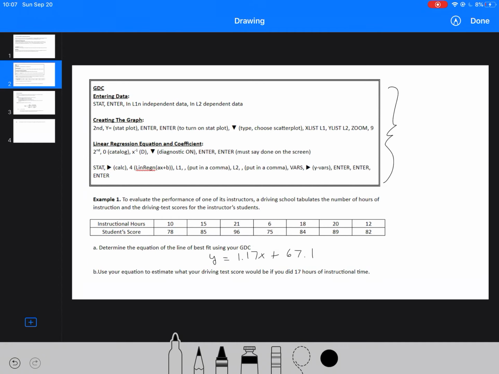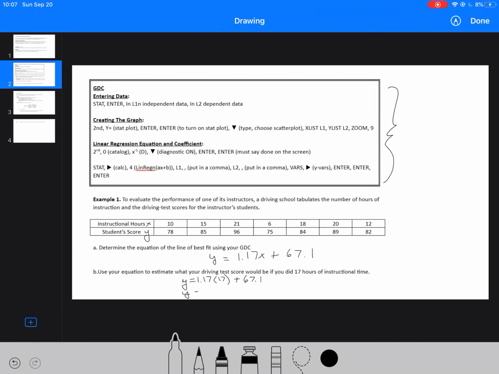Here x is our instructional time and our student score is y. Now we're going to use our equation to estimate what our driving test score would be if you did 17 hours. So here we would have y equals 1.17 times 17, plus 67.1.